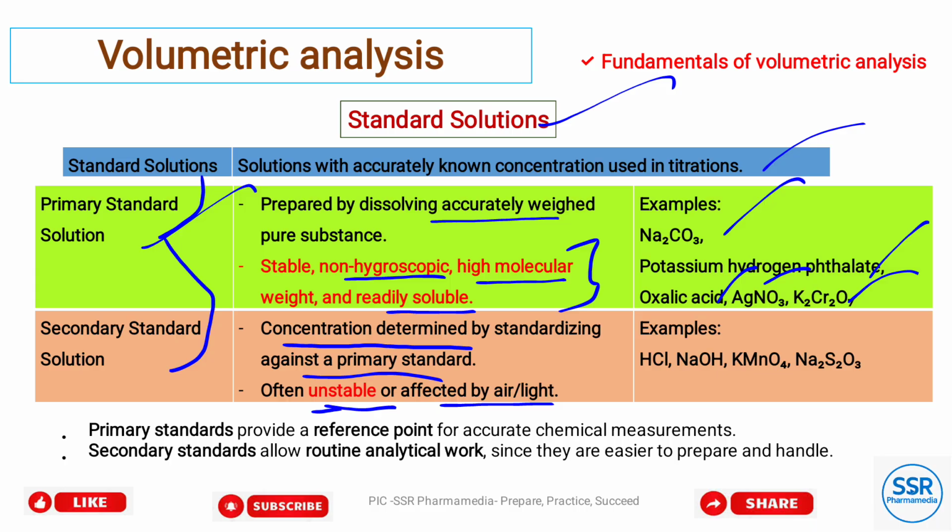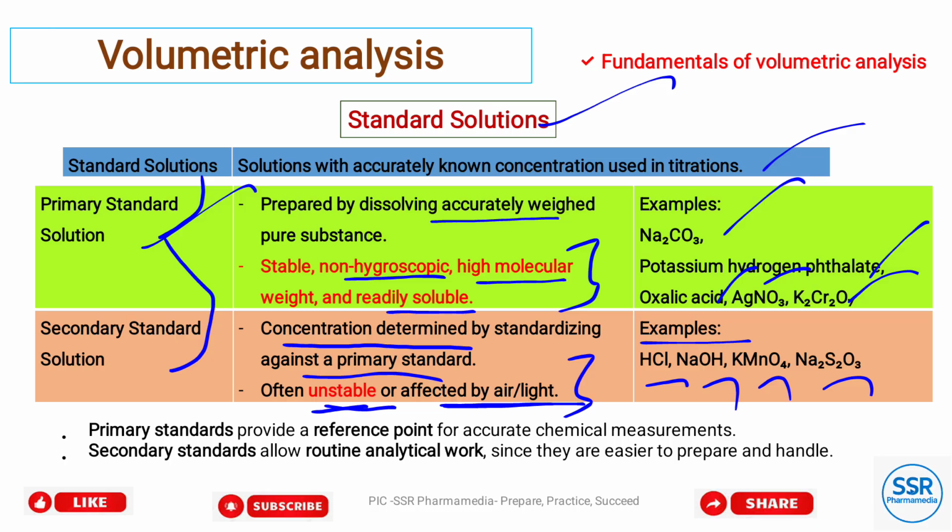Such substances are called secondary standard solutions. Examples: sodium chloride, potassium chloride, sodium hydroxide, potassium permanganate and sodium thiosulfate. These are all examples of secondary standard solutions.